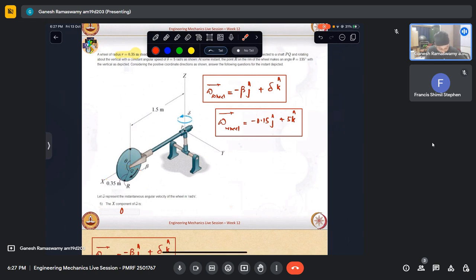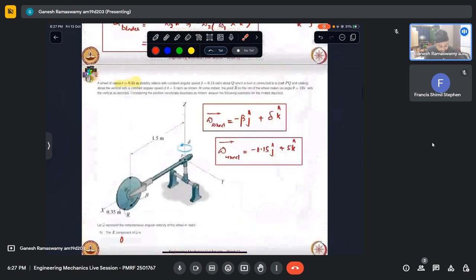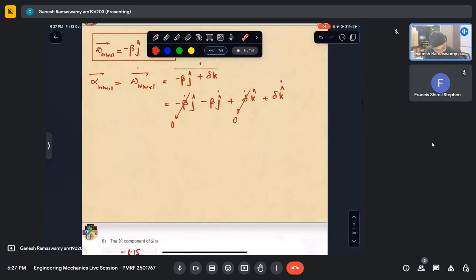Now we can see that the component y at this instant is like that. At the next instant when the wheel is over here, it will be like that. So y is changing as we rotate, whereas this still remains the same. The vertical is not changing. So k cap dot is essentially 0. This quantity is 0, whereas this is changing by virtue of that shaft rotating about the vertical.